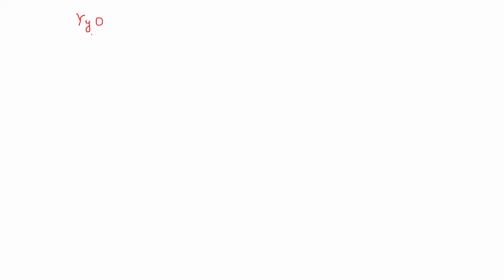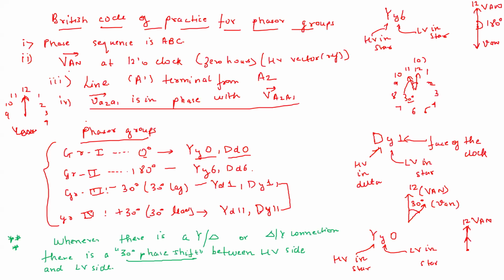In Y0, what I said is that the line terminals will be from A2. What do I mean? I mean this. So we have 3 windings of the primary, and then we have 3 windings on the secondary of the transformer, right?